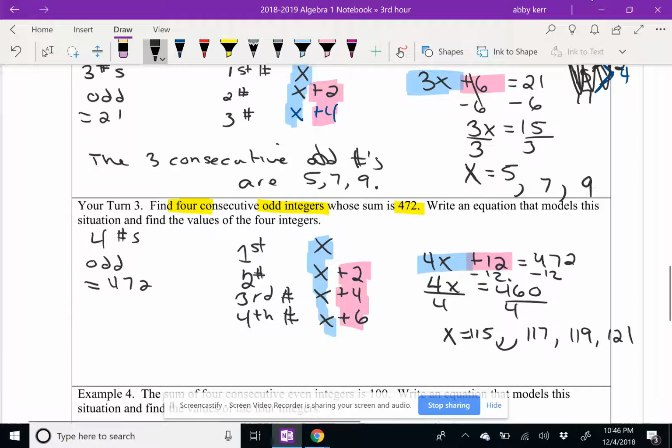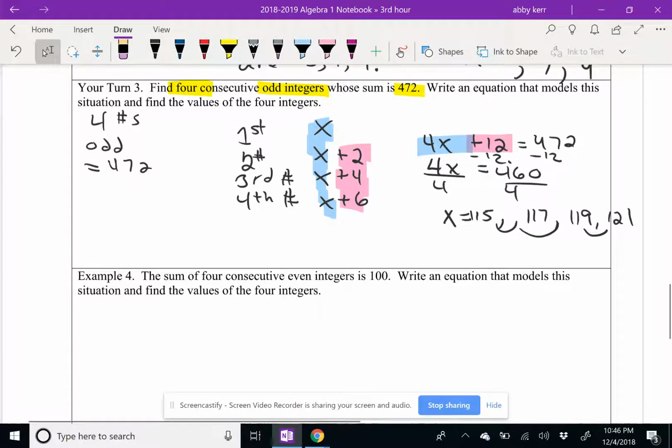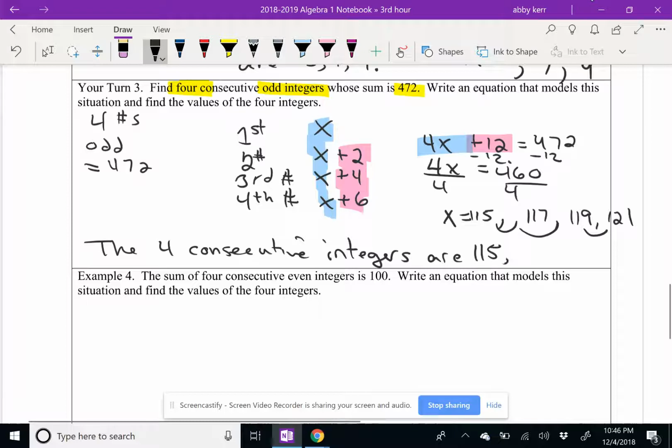Notice that we're skipping all of the evens because it said odd integers. So the 4 consecutive integers are 115, 117, 119, and 121.